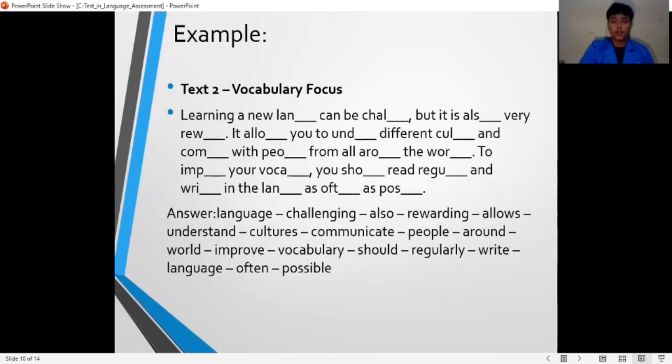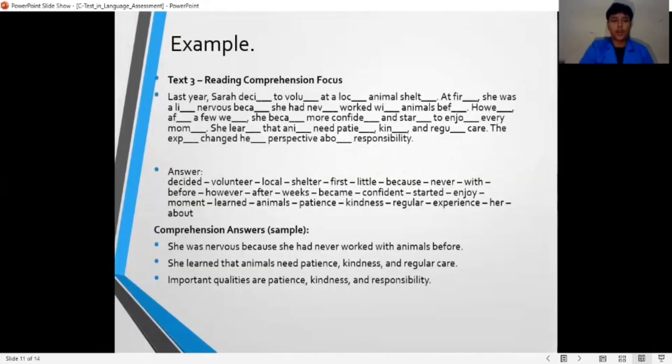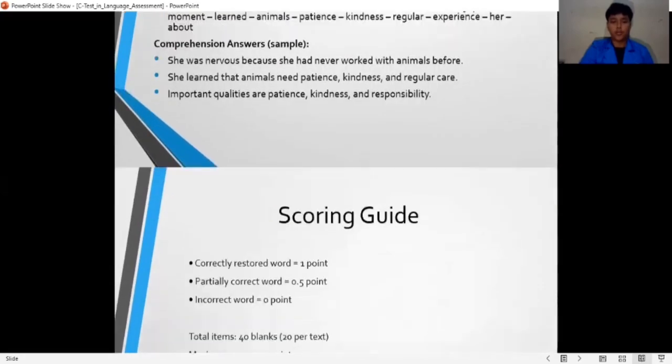Because the student is going to improve his vocabulary even more. And the last is reading comprehension, because it is going to improve the reading skill of the student and take the student to the next level even further.